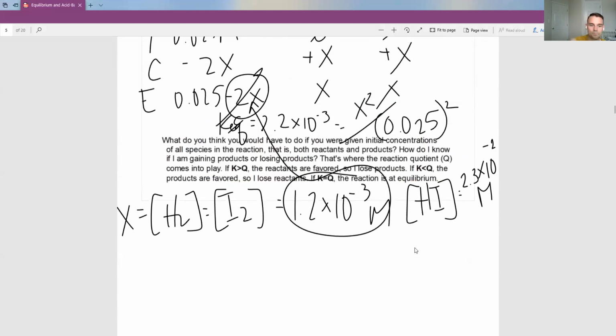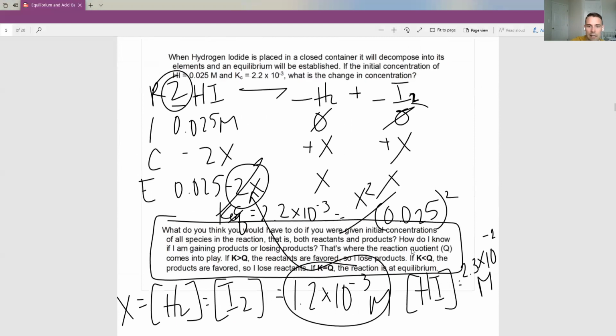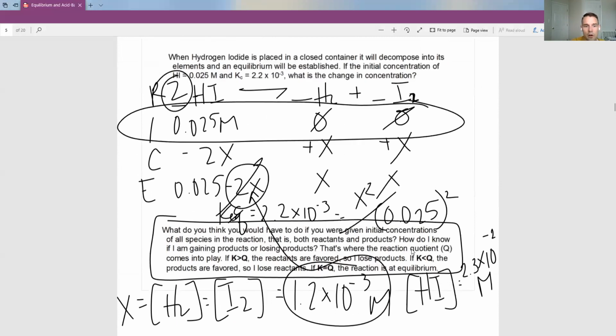Oh, this is important. If you have concentrations of both reactants and products to start, so like in both equations we've done so far, we only had reactants and no products. Sometimes you could have products, no reactants.